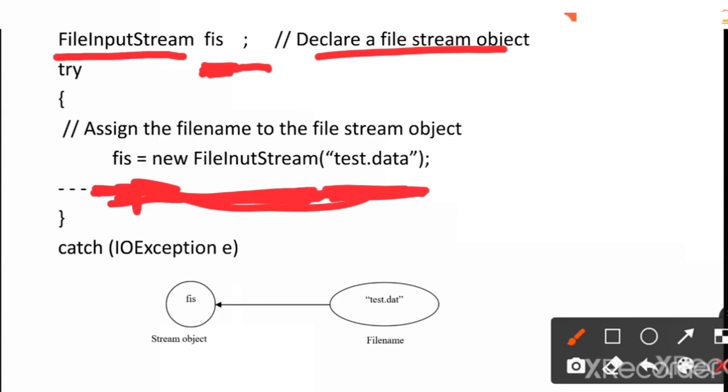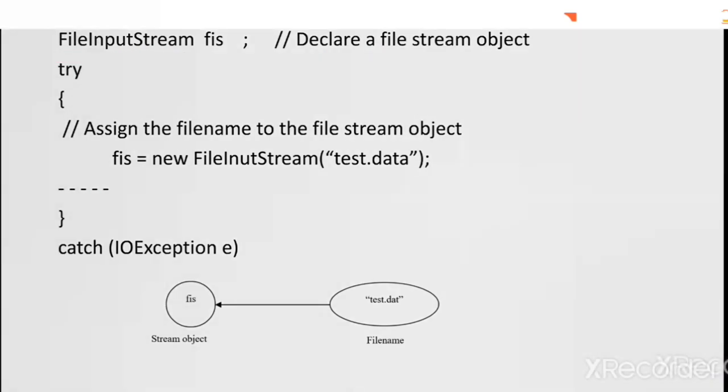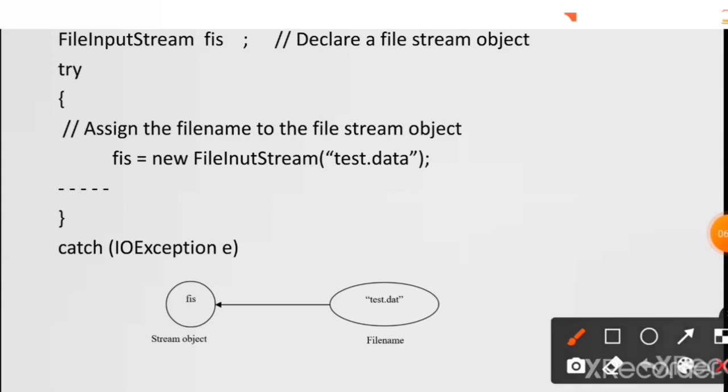The extension specifies what type of file you are going to link. So you can link any type of file here. This is one approach, where we are linking the file to the stream object.